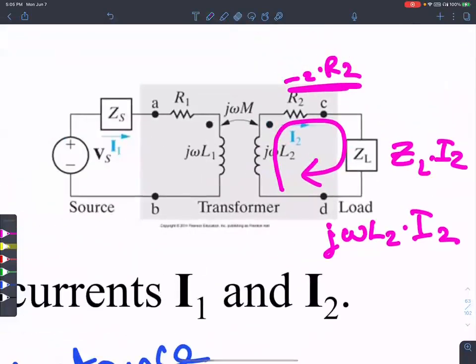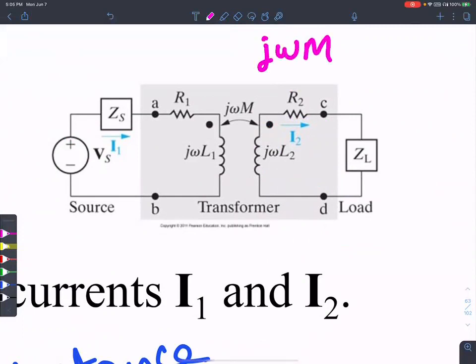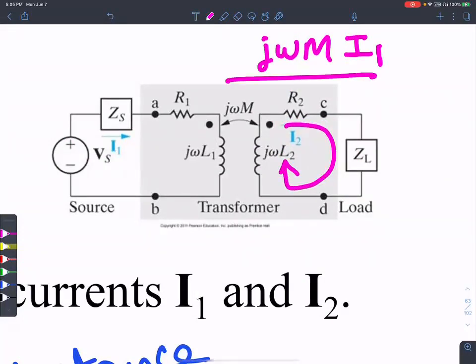Then there is the fourth term, the mutual inductance term, j omega M, that is set up in the loop for I2 as a result of I1. Now what we want to do is find out the polarity of this guy. The polarity is determined by the dot convention.